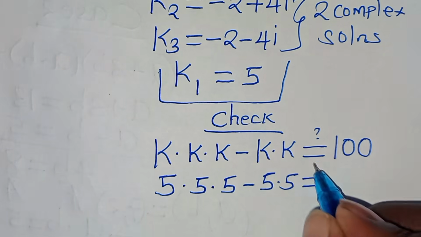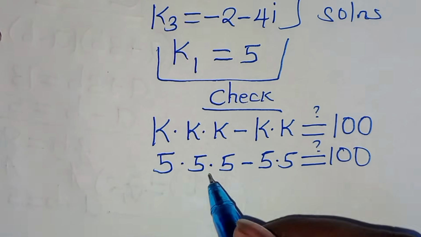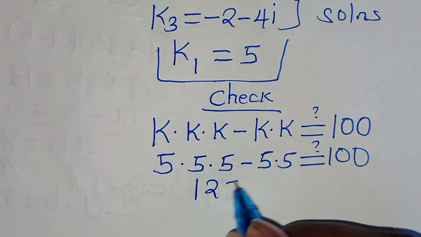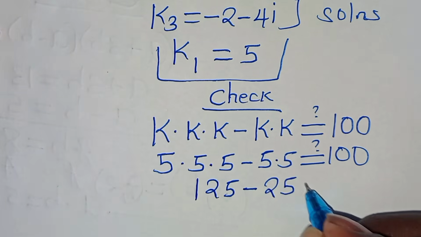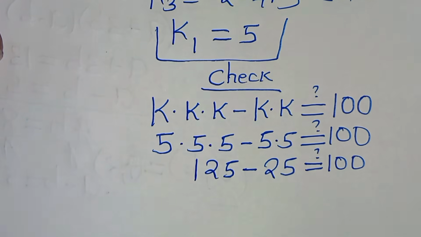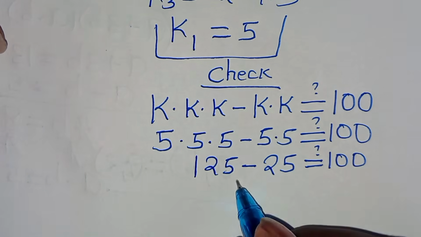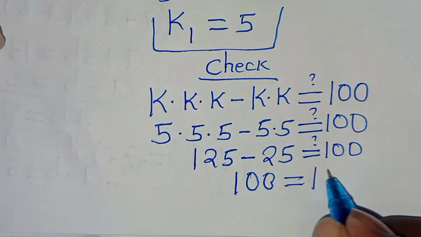So this is 5 times 5 times 5, this is 125, minus 5 times 5, this is 25. This is supposed to give us a value of 100. So we have 125 minus 25, this is 100, which is equal to 100.